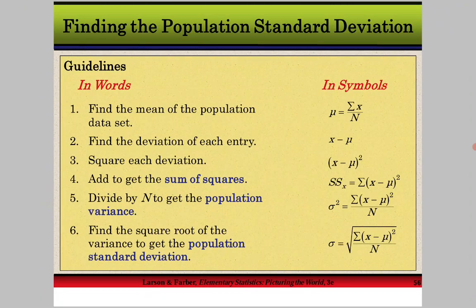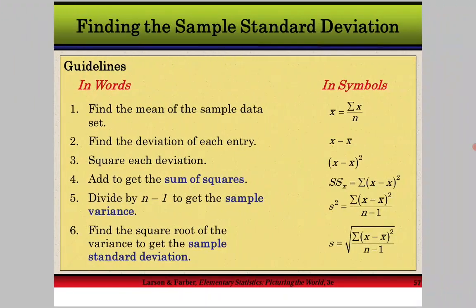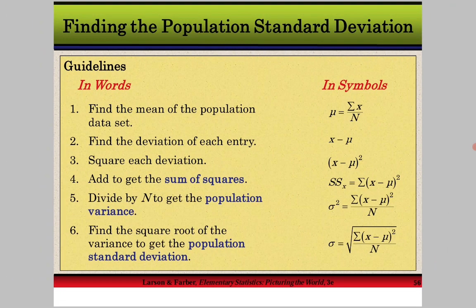So what is the difference between population standard deviation and sample standard deviation? In the population standard deviation we take the difference between x and mu, that is the mean.